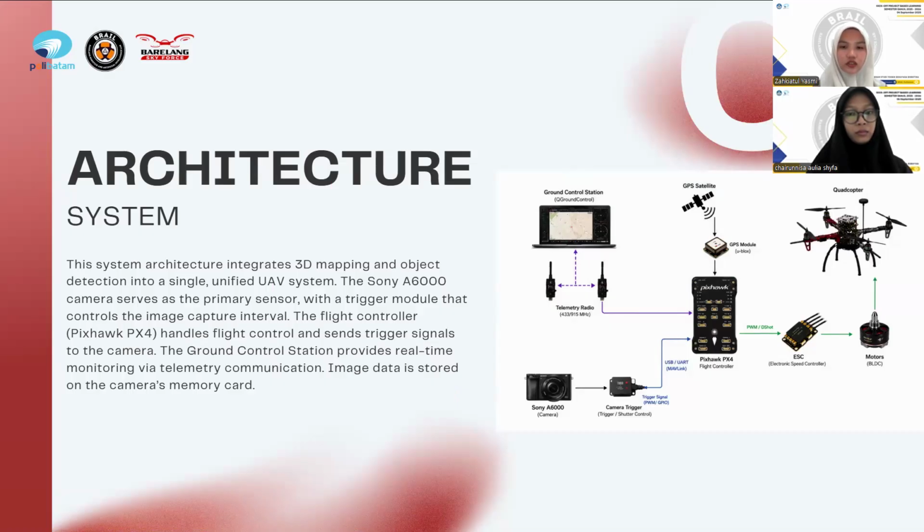The flight controller, this Pixhawk or PX4, handles flight control and sends trigger signals to the camera. The ground control station provides real-time monitoring via telemetry communication, and the image data is stored on the camera's memory card.